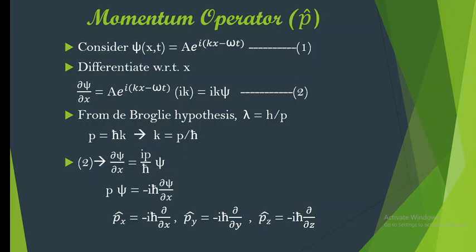In the z direction, Pz cap is equal to minus i h cross dou by dou z. But in 3 dimensions, we can just generalize it as P cap, the linear momentum operator, is equal to minus i h cross del. So this is the value of the momentum operator in quantum mechanics.